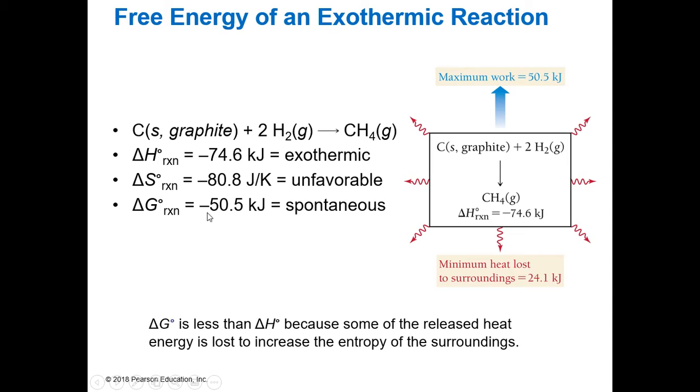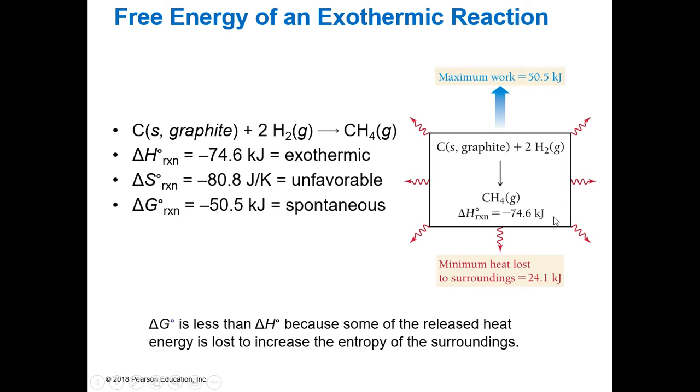So delta G tells us that only 50.5 kilojoules of that heat can actually be used for work. It is our free energy. It's the energy that we do not lose to our surroundings.